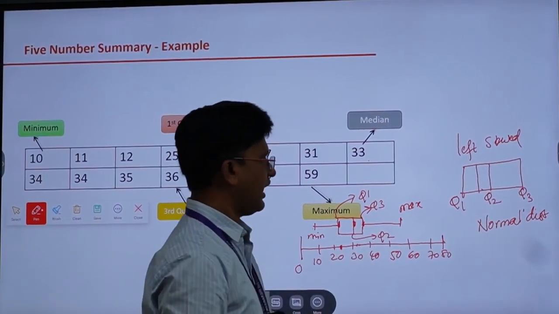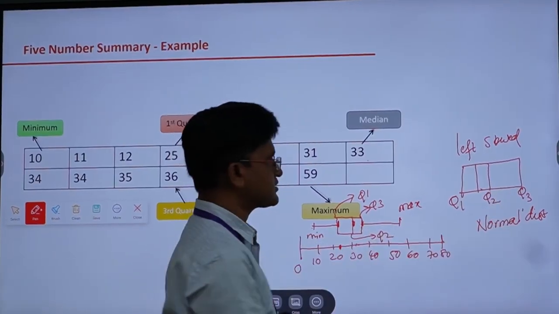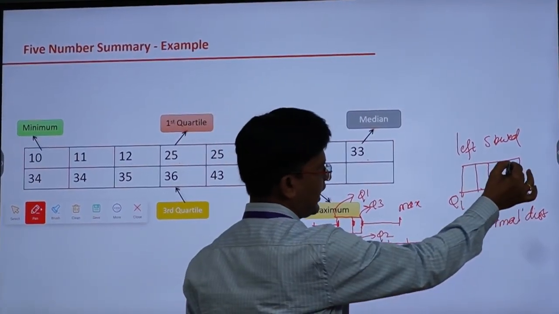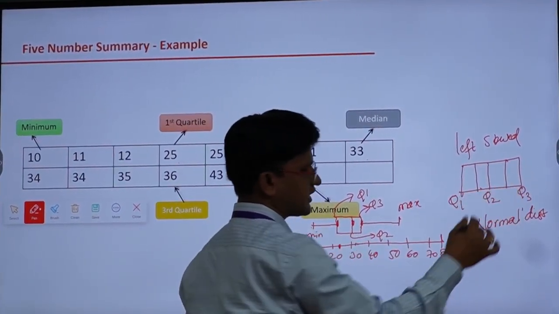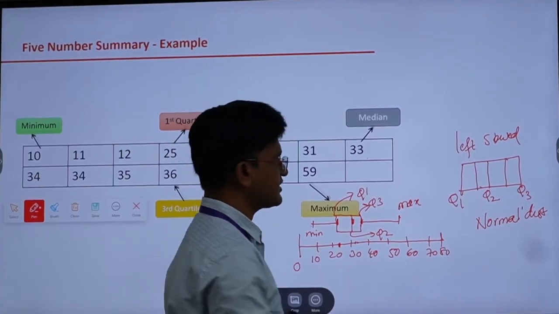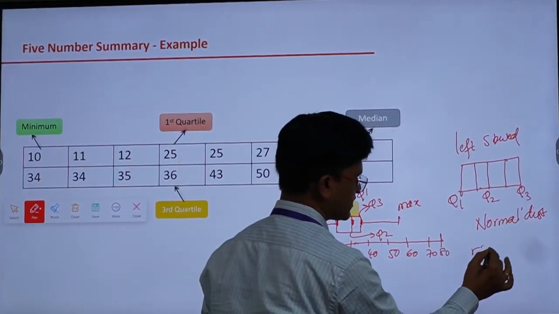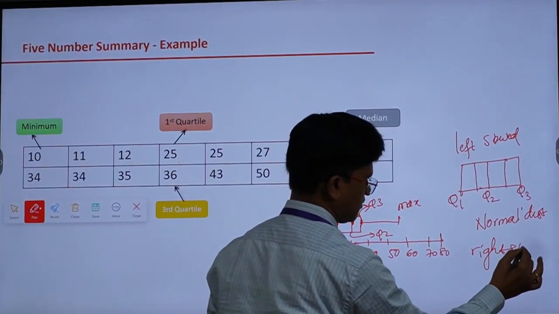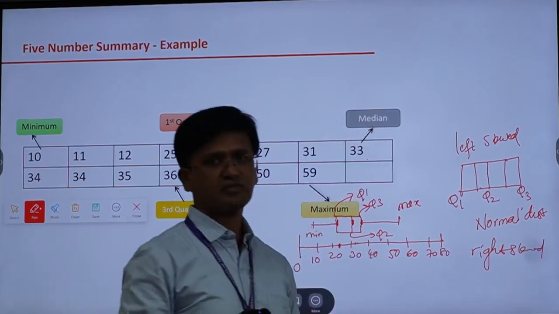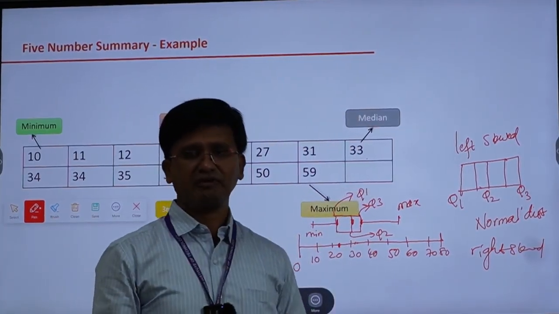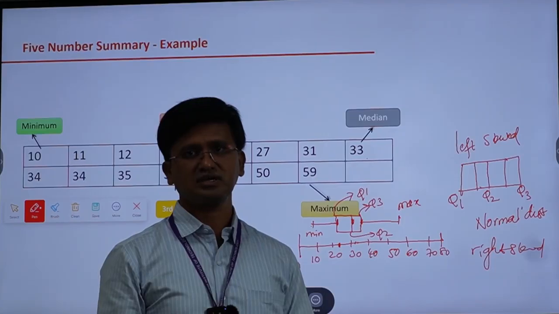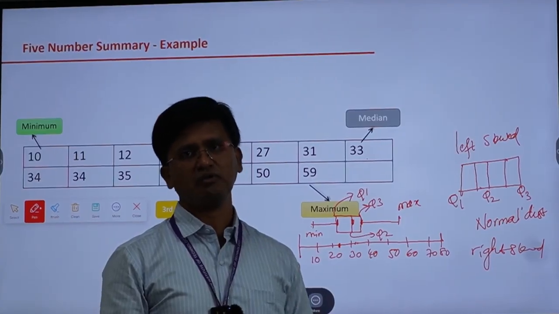Left skewed. And if our median is more than the mid position and close to Q3, then you can say it is right skewed. There is a skewness in your data. Right skewed. Like this, we can find out if there is any skewness or if our data points are normally distributed.